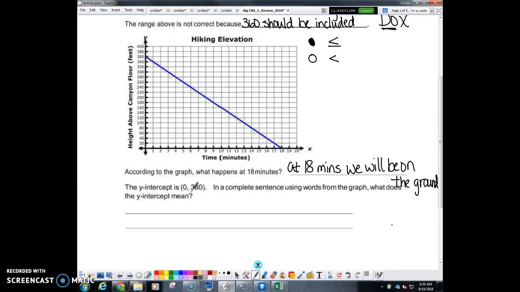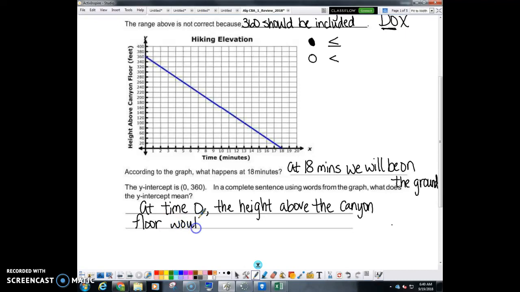Well, pretty simple. You could just write at time 0, comma, the height above the canyon floor would be 360 feet.